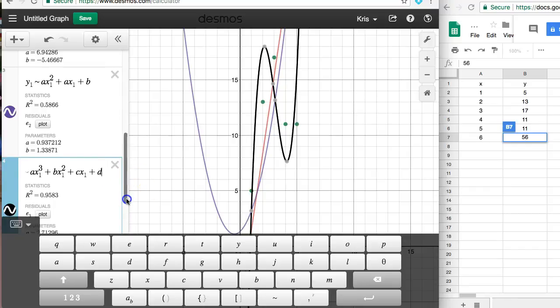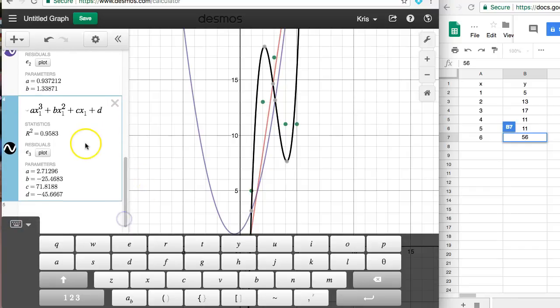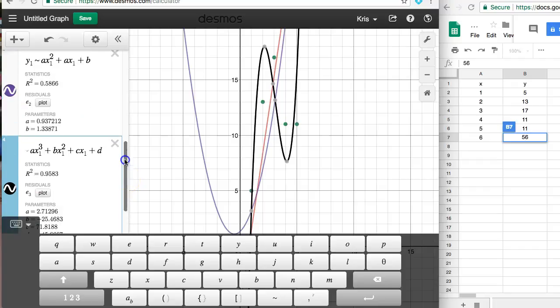And when I get done there, I have my cubic function, and notice how my r squared is all the way up to 0.9583. We now know that cubic is the closest we're going to get to modeling this data.